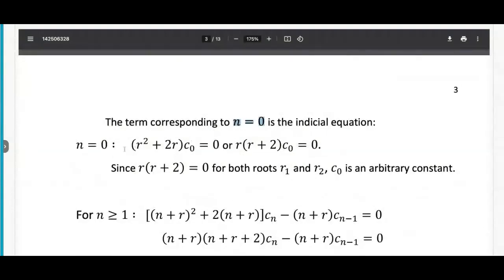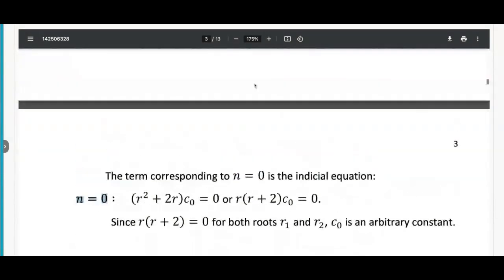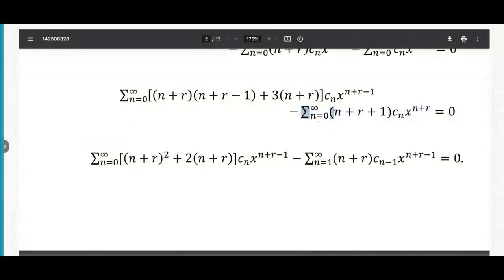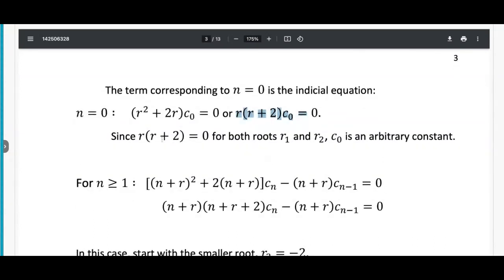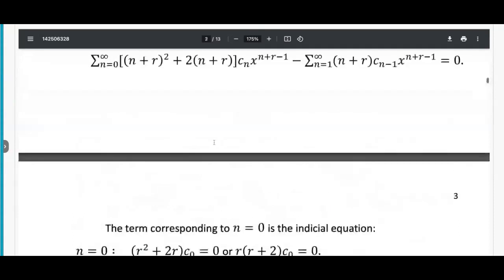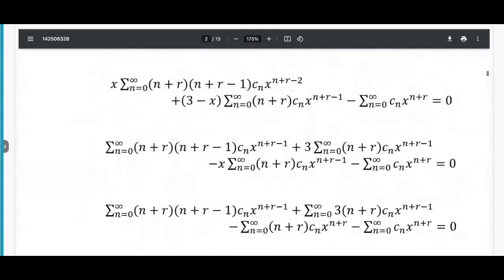For the n equals 0 case, because we reindex this, the sum basically ignores the n equals 0 case, so we deal with it separately. So n equals 0, we have this. And then we have r equals 0, remember the two solutions, 0 and -2.